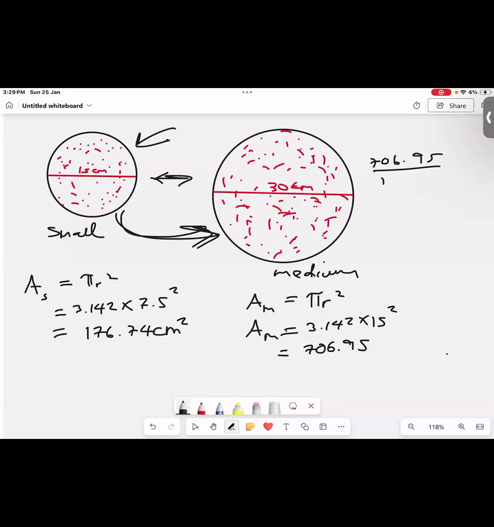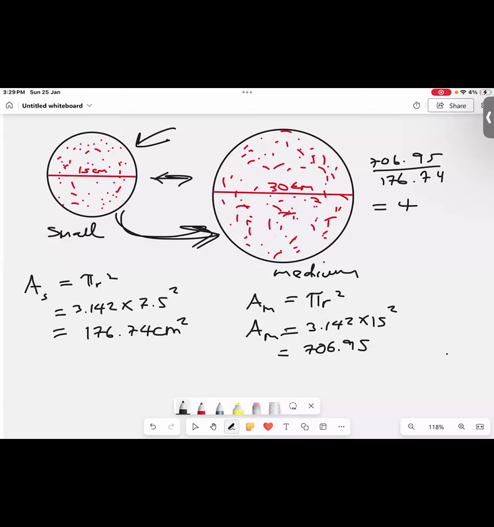I want to know how much of the small one can fit into the medium one. What number did you get? So that's 3.99. Round it up, 4.